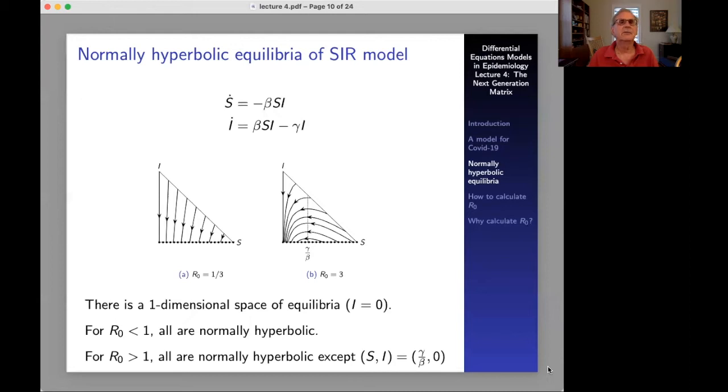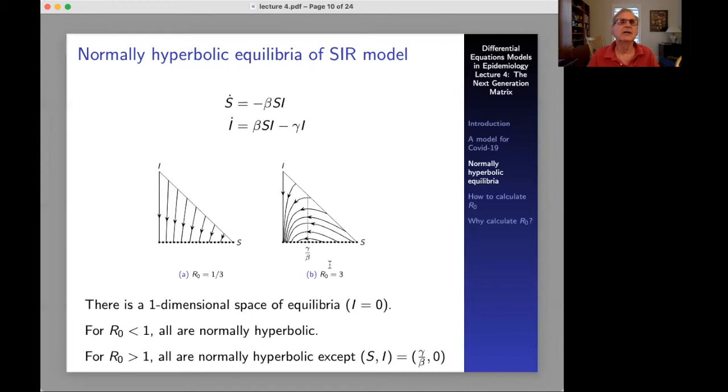Let's see what that theorem means for our old friend, the SIR model. Here's the SIR model reduced to just two equations. And you may remember, here's the phase portrait for R naught less than 1. Here's the phase portrait for R naught bigger than 1 in the triangle.